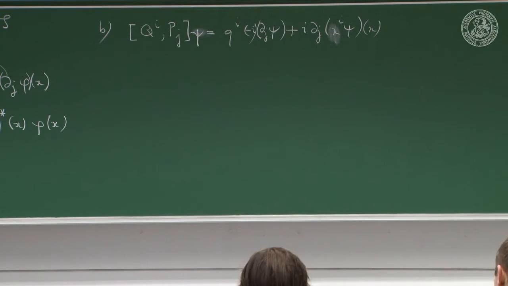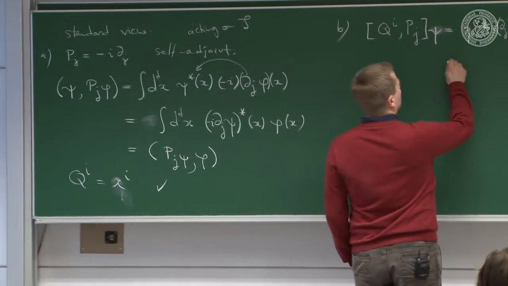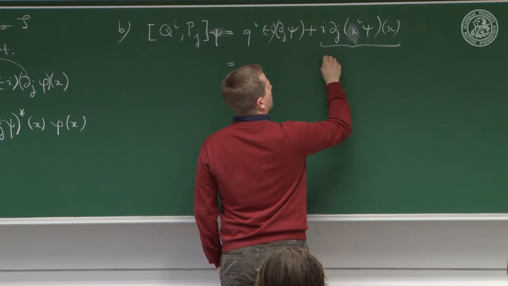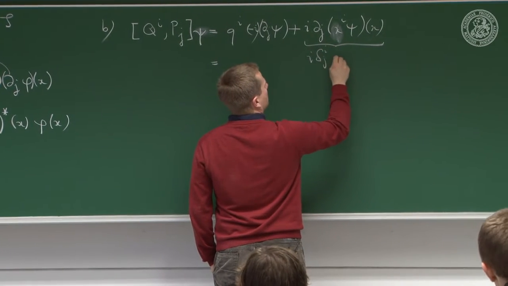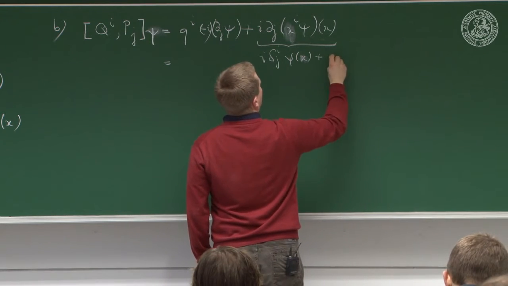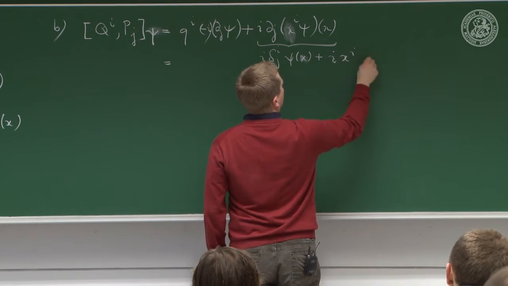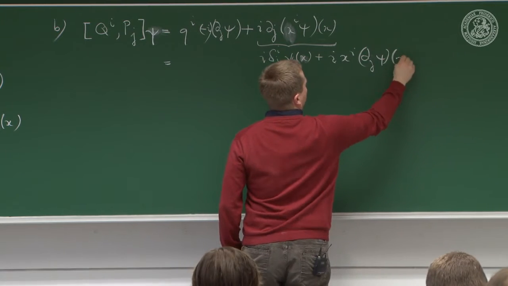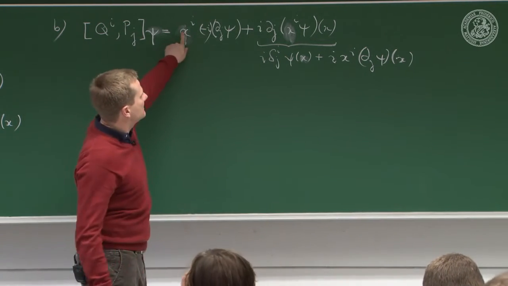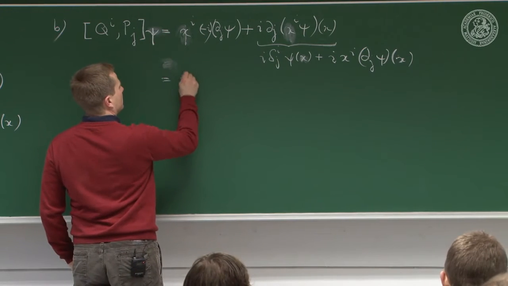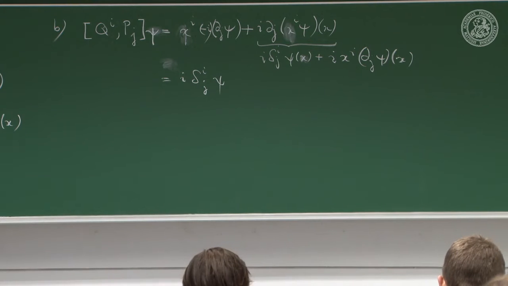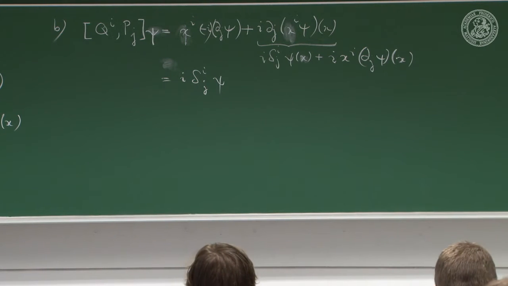Sorry, I called these guys x. Now it's clear. This back here has two parts: i delta_ij psi of x plus i x_i del_j psi of x. But this cancels against this first part, so all that's left is i delta_ij, as claimed. So everything is absolutely simple and easy.